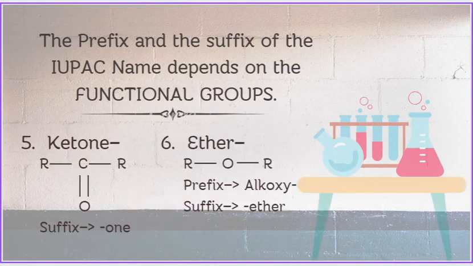Next we come to ketone, which is R-C double bond O single bond R, where R is the alkyl group and CO is ketone. The suffix used here will be one. The next is the ether group, which is R single bond O single bond R. R is an alkyl group here, O is the ether group, and the prefix will be alkoxy. The suffix will be ether.